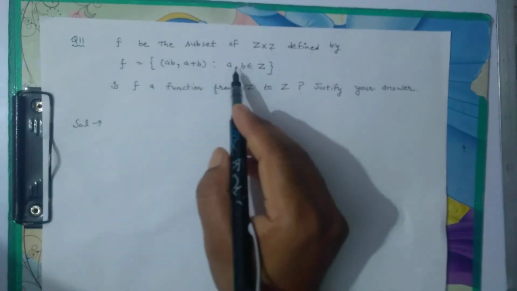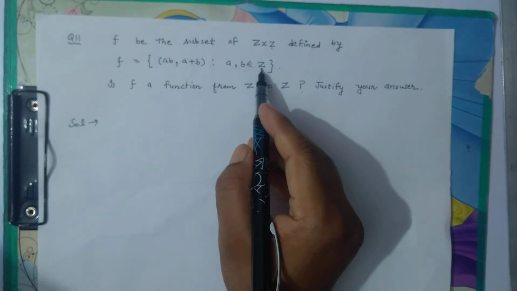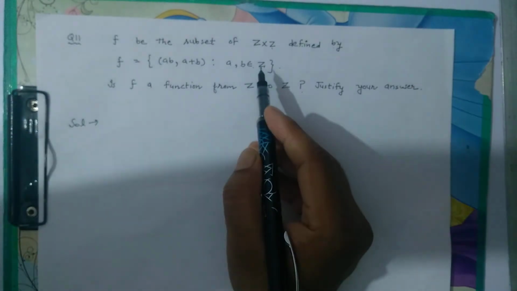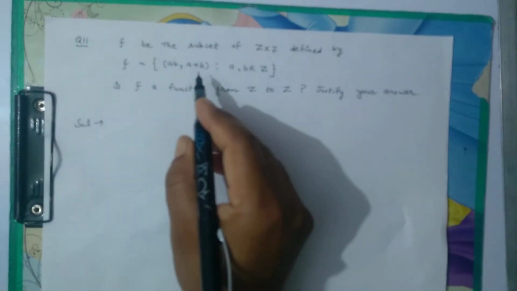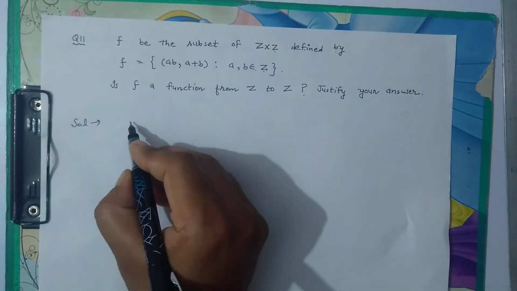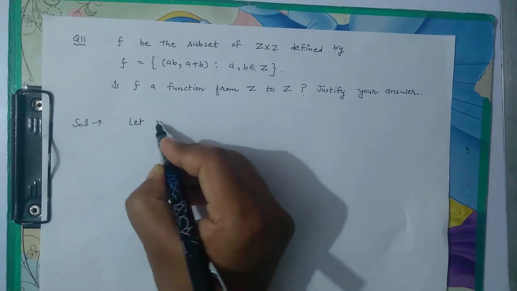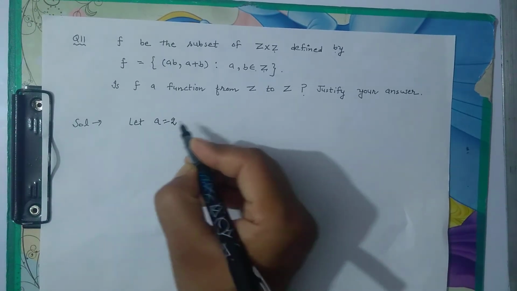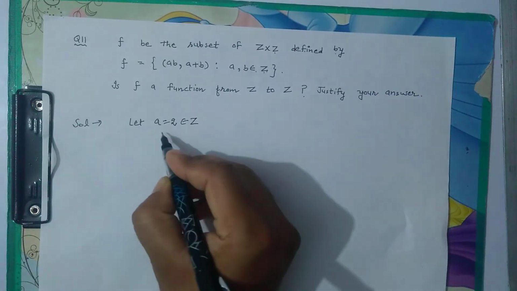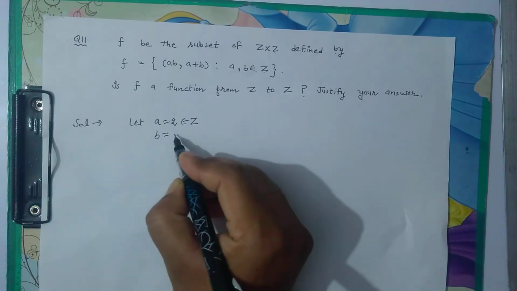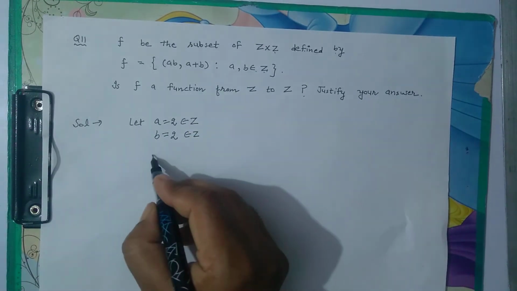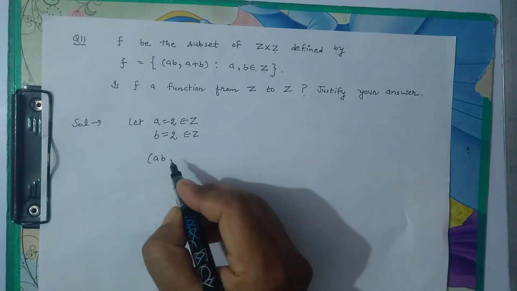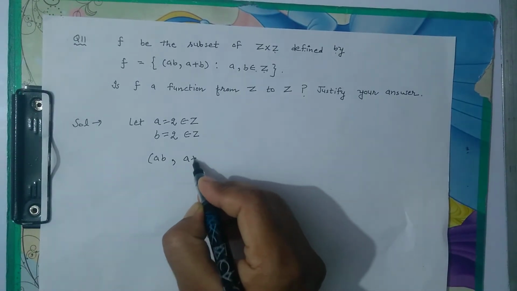First of all, a, b belong to Z. Let us try to solve this question by taking one example.